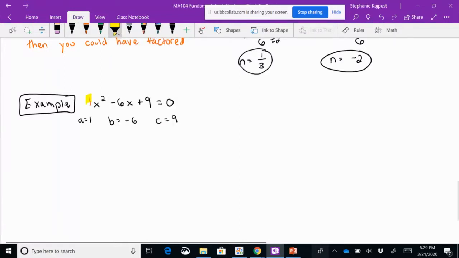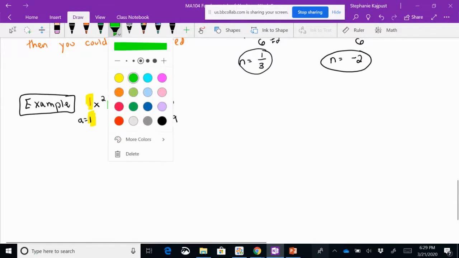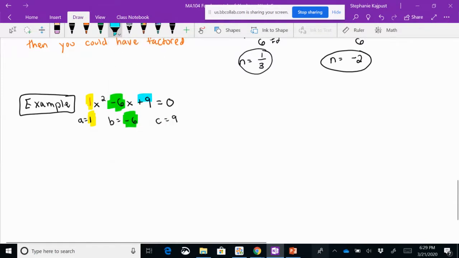So I'm going to just color code this. And so b is now a negative value because we have that minus there. And then our constant, the number by itself, is positive, so c is positive. So I'm going to write the quadratic equation.